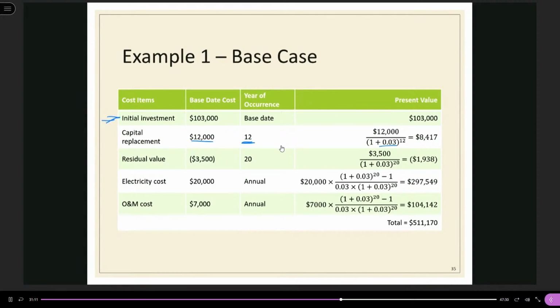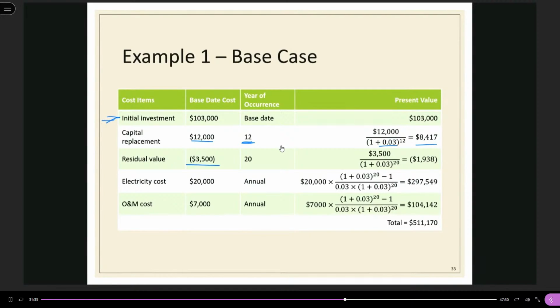So this is the present value of $12,000. So paying $12,000 at the end of the 12 years is the same as paying $8,417 today.